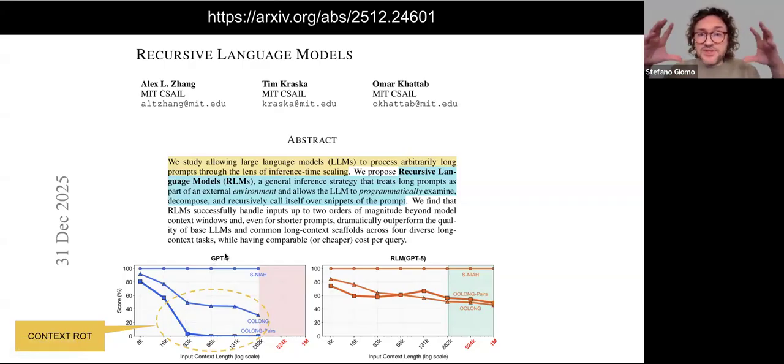And if you wrap GPT-5 with an RLM strategy, the quality is high. You can do a single needle in the haystack in a million contexts or even more.